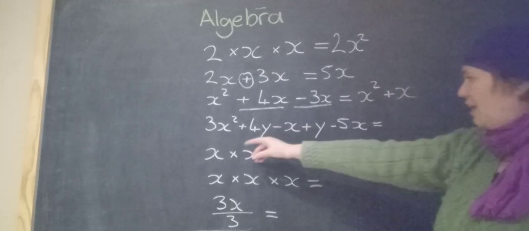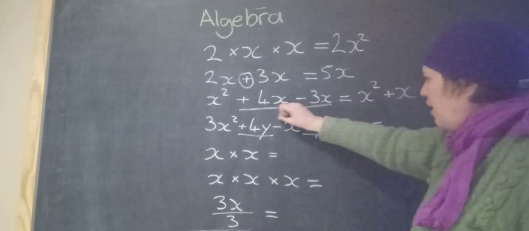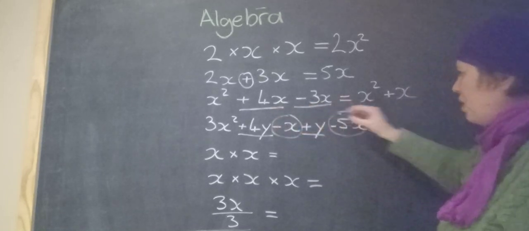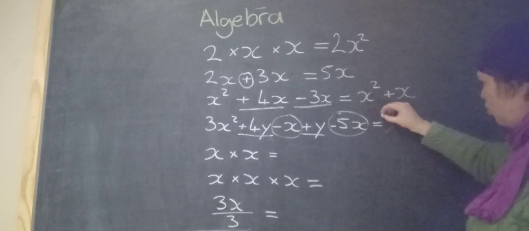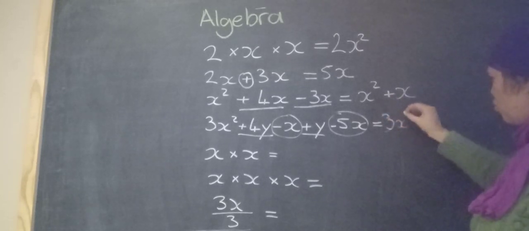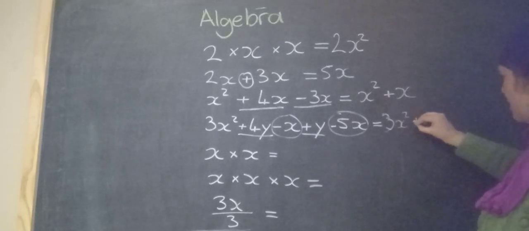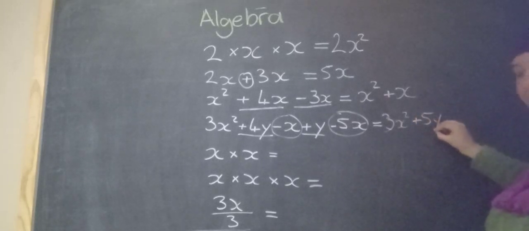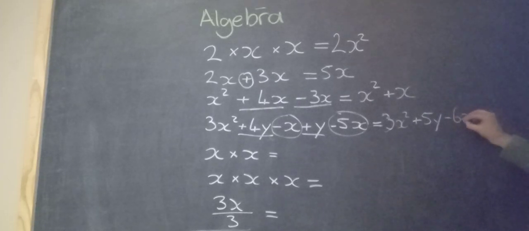Right? Here I'm going to add that one and that one, and that one and that one. So we have 3x squared plus 5y minus 6x.